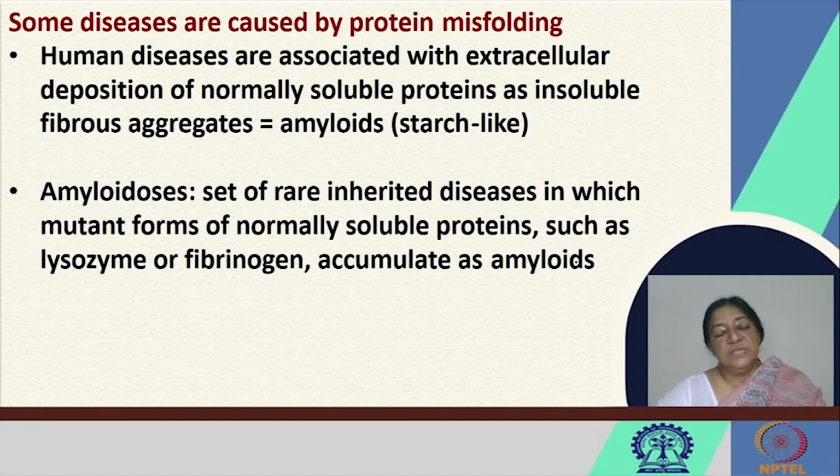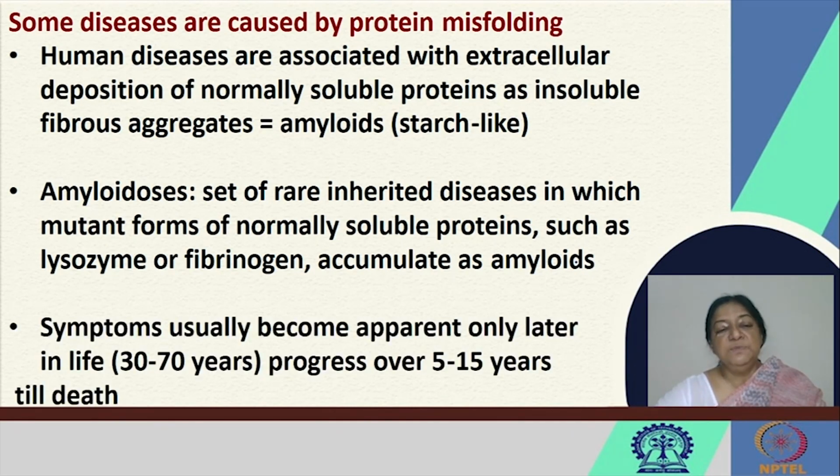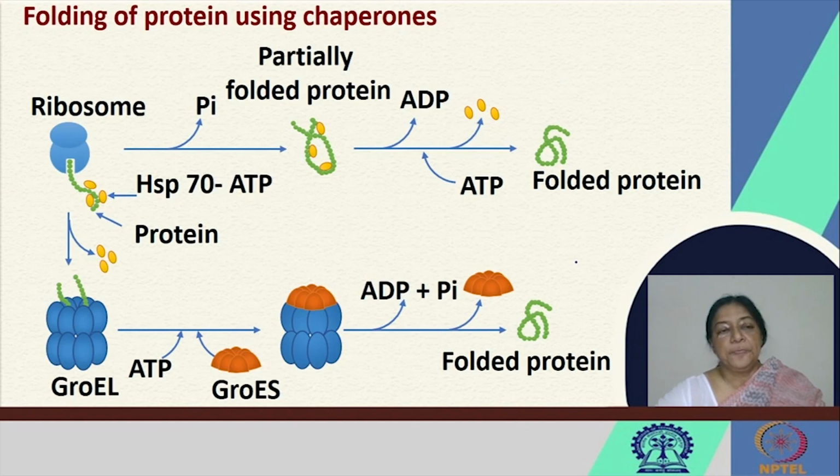The amyloidosis is a set of rare inherited diseases in which a mutant form of some soluble proteins, for example, lysozyme or fibrinogen, accumulate as amyloids. So there is a structural aspect that results in this aggregation. The symptoms usually become apparent later in life and they progress over 5 to 15 years.